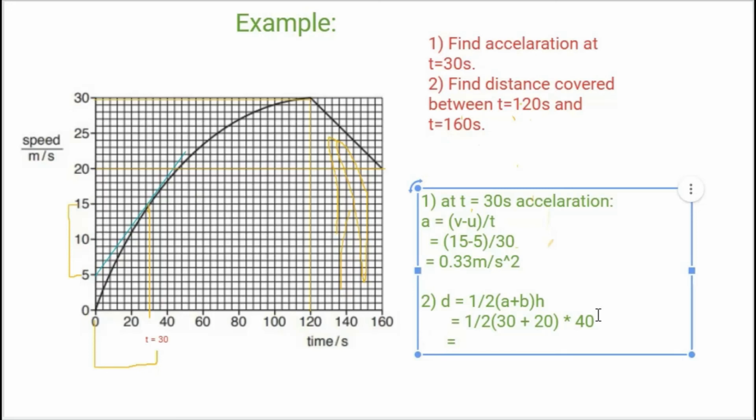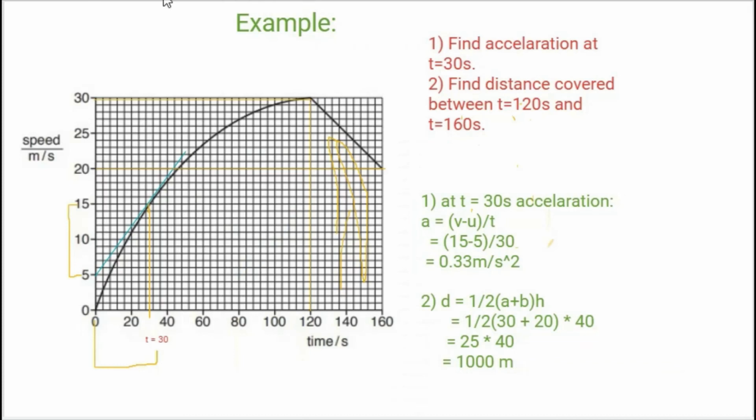So it will be 25 times 40, which will be, let me write down slowly, 1,000 meters, which is the same as 1 kilometer. Since we're given our speed in meters, I left it like that.